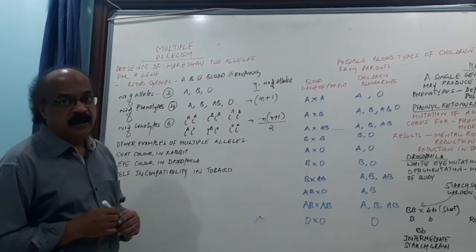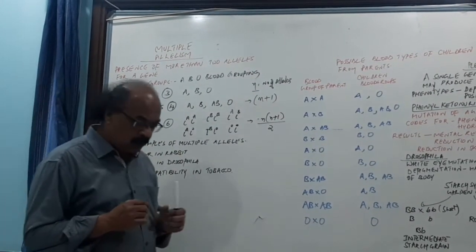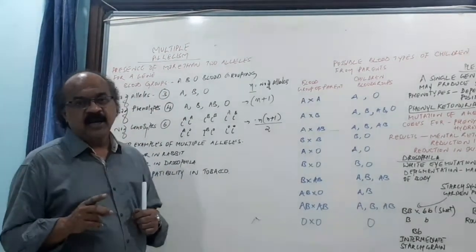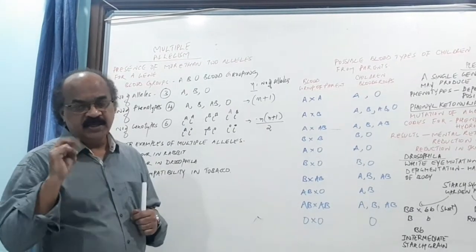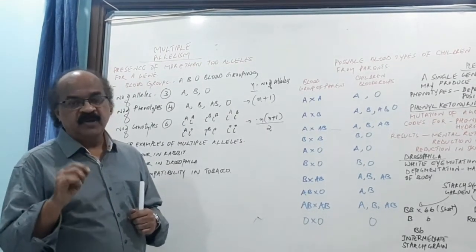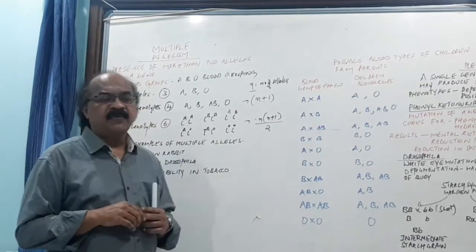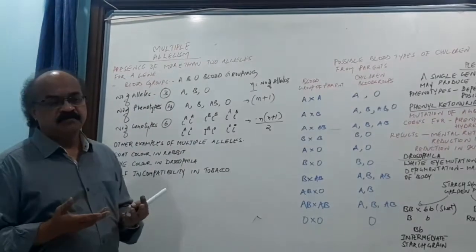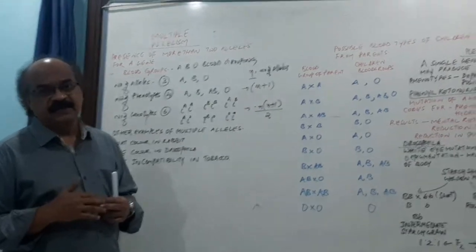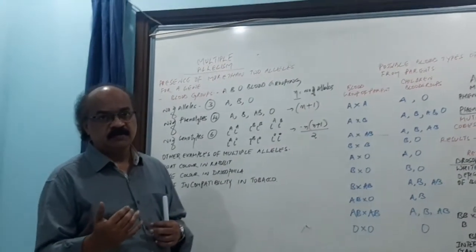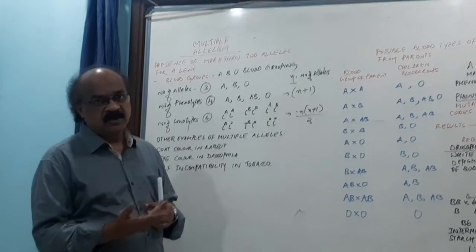Multiple allelism. You all know one point, every gene has two alleles. Say for example, you take plant height, tall, dwarf, capital T, small t.